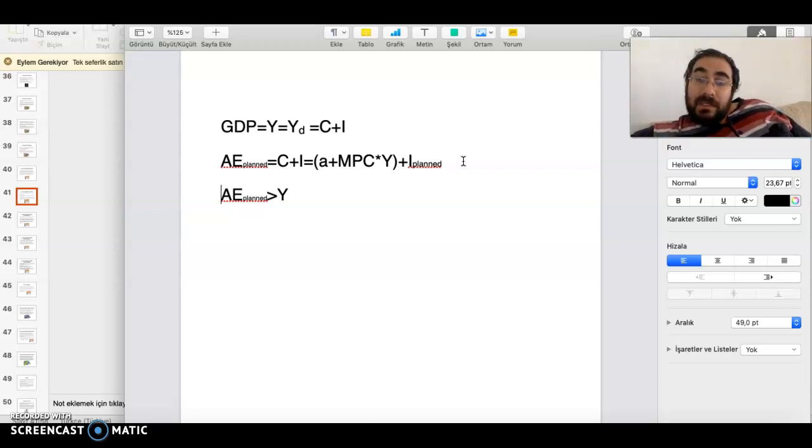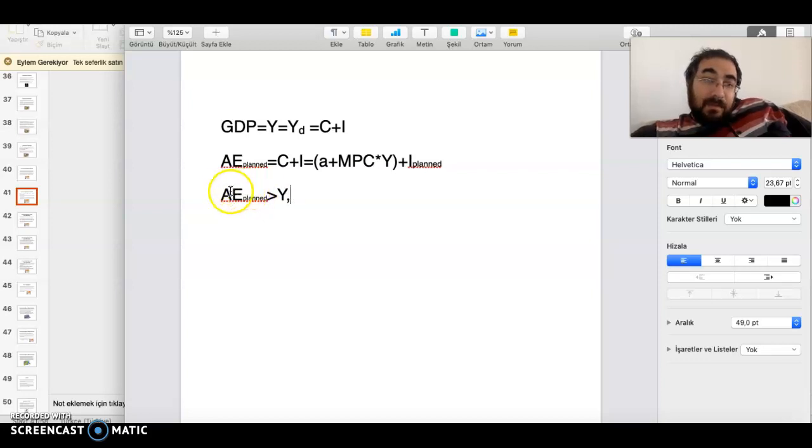What will happen in this very short run? We haven't met the equilibrium yet. We are in disequilibrium: AE planned and Y are not equal to each other. How will we get to the equilibrium?